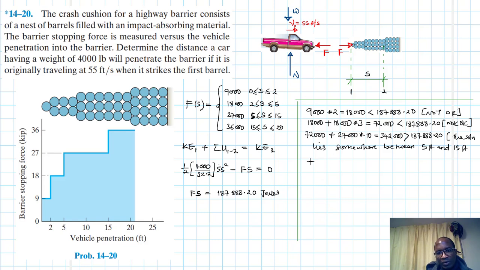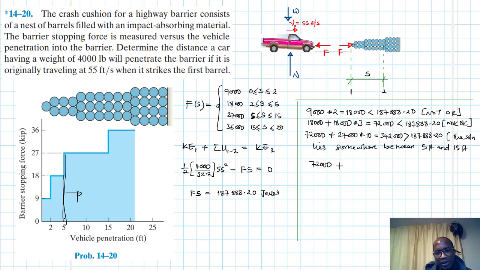So all we'll do is we'll start from 72, and this 72 starts from 5 going this side here. So we are starting at 5.